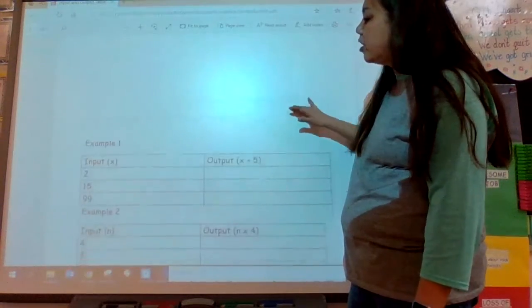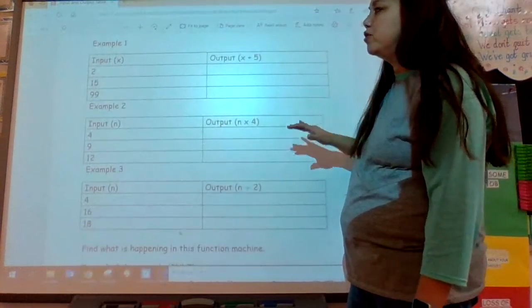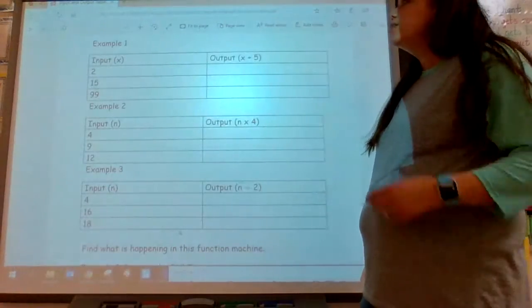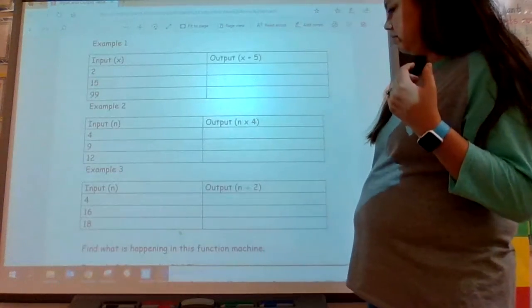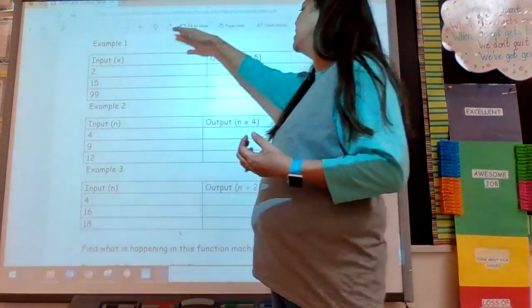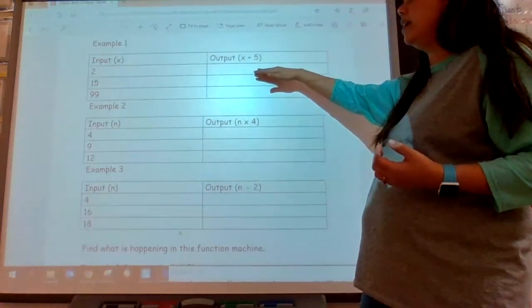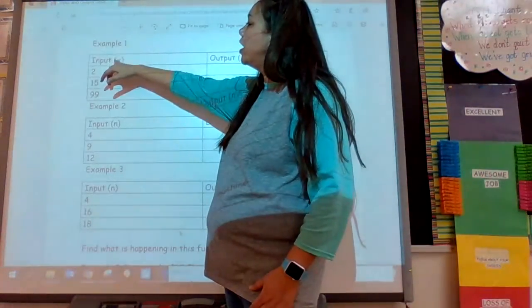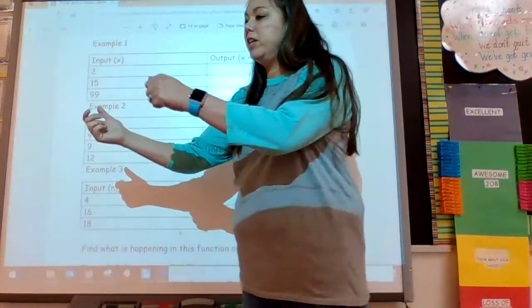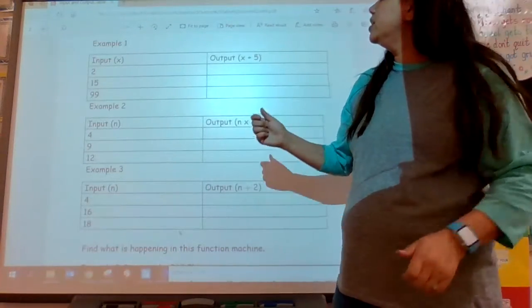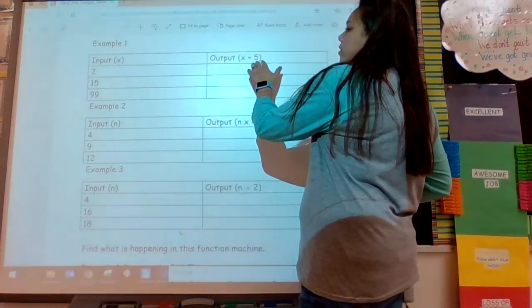Okay, so remember our input and output chart. So input, think about putting something in, and something coming out. So if our input was our unknown, which is X, think about in our chart, we're putting a number in, something's going to come out. Notice where they write the rule, X plus 5.